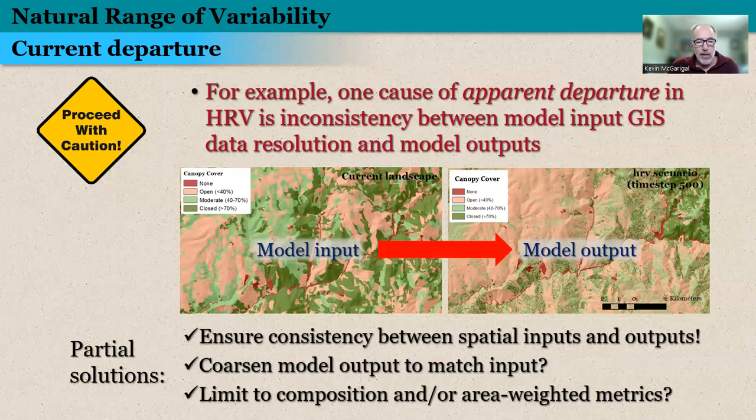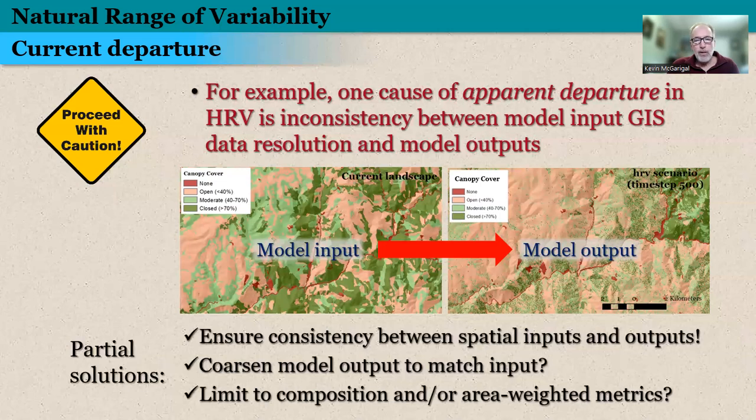Or alternatively, to limit the analysis of the pattern in the output to composition metrics and sacrifice the configuration metrics that are likely to be sensitive to this issue, or potentially choose what are known as area-weighted metrics that essentially downweight the contribution of the small patches to the overall configuration in the mosaic, and thereby that fine-grained pixelation in the output has less of an impact.